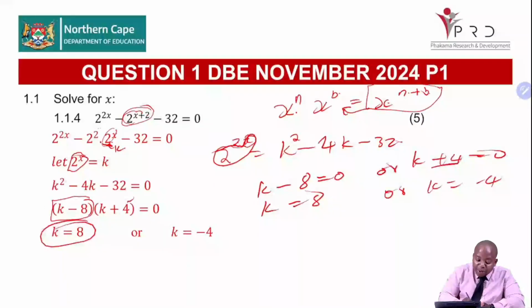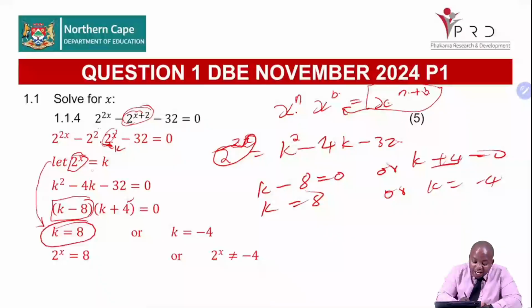So I can go back and replace k again with 2 to the power x. Where there is k, I place back 2 to the power x. So k equals 8 becomes 2 to the power x equals 8, or 2 to the power x equals negative 4, right?